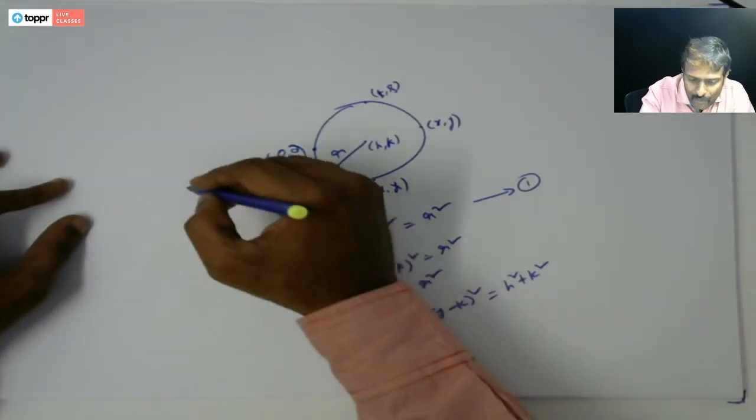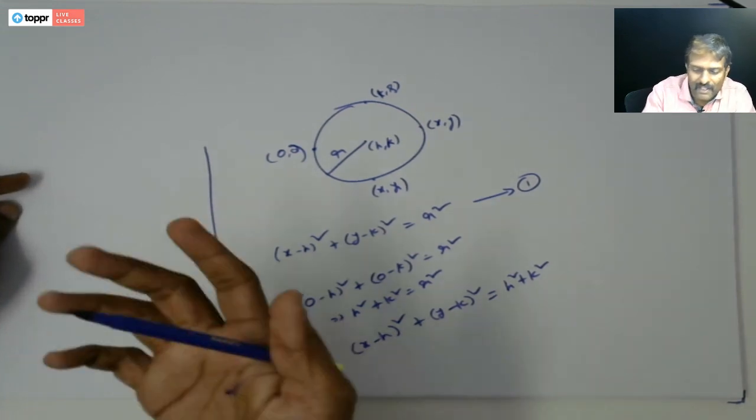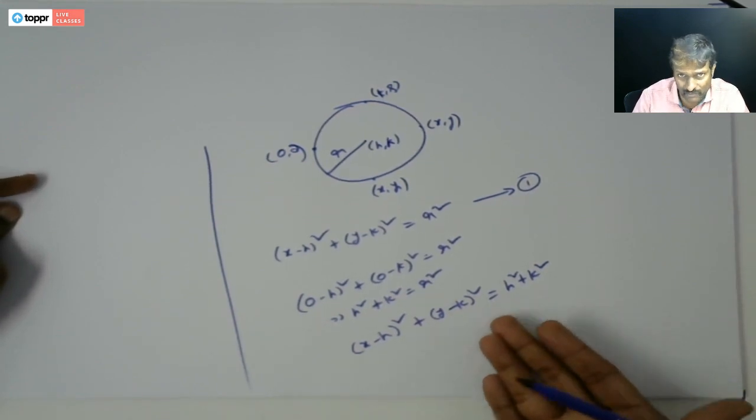Is that clear? Now suppose I want to simplify this further, I can expand and simplify, so you get h square and k square on your left hand side, which are the same as h square and k square on the right hand side.